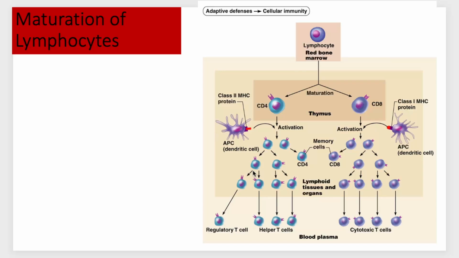They can replicate, and then you get these helper T cells in the blood plasma going out to help regulate this process. If it's CD8 cells that are activated by antigen-presenting cells, or what we call dendritic cells, which look like the dendrites you see on a neuron, that's why they're called dendritic cells, then in the lymphoid tissue it leads to high replication. Then you get lots of these cytotoxic T cells floating around in the blood, ready to kill the pathogens.